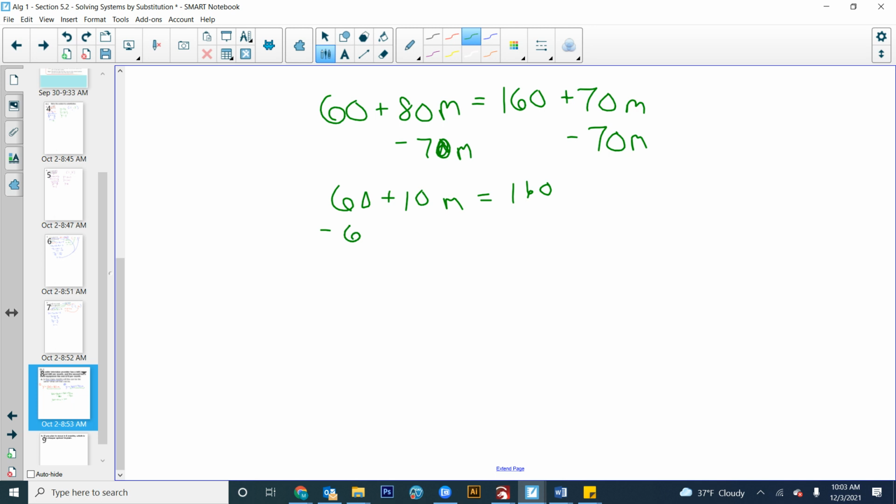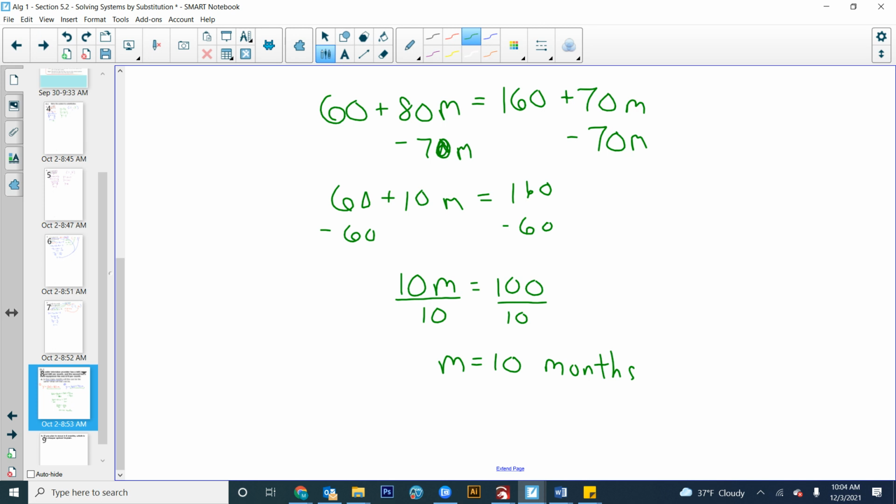Subtract 60. 10m equals 100. Divide by 10. 10 months, and the plans will cost the same.